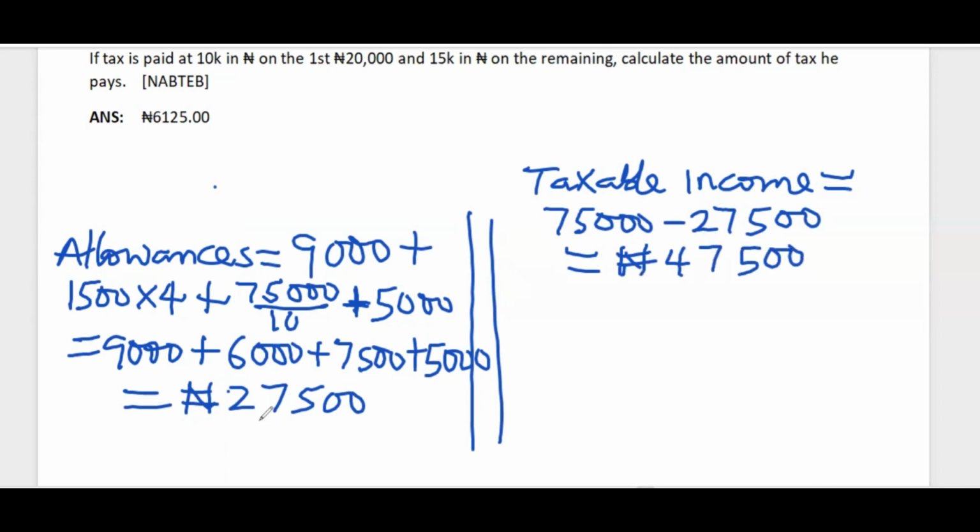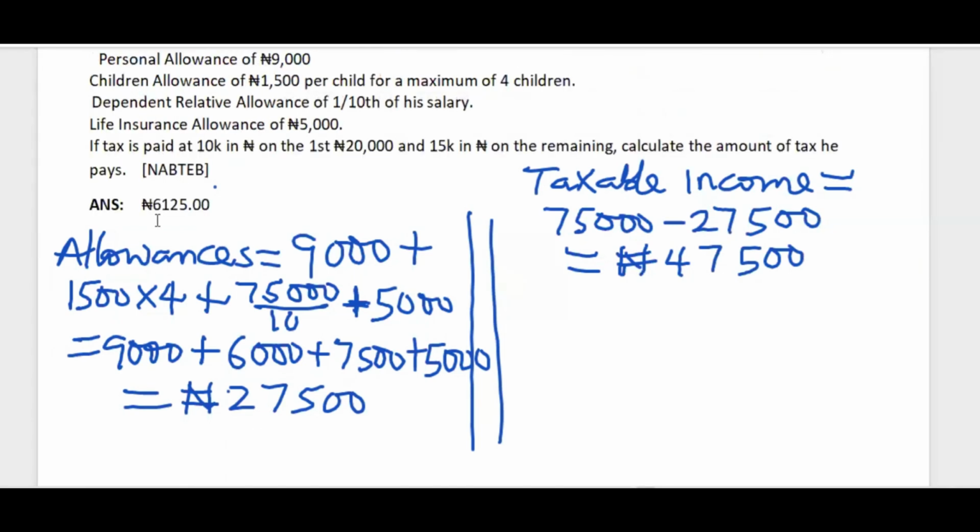as the taxable income. And now, the tax system where the person resides, how does it go? They said tax is paid at 10 kobo in the Naira, that's 10%, on the first 20,000. So pull out the first 20,000 from this one.